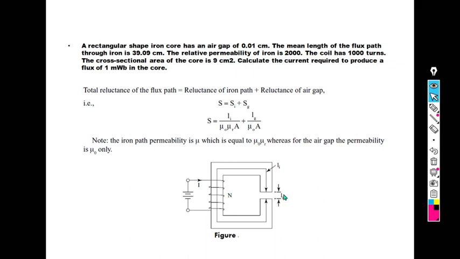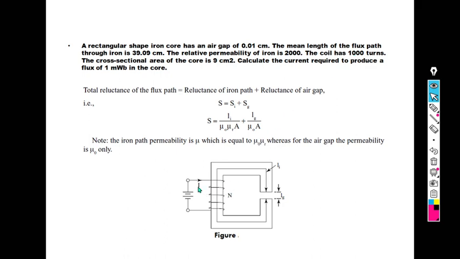So you have to find it out, and the current which is flowing through this path is to be found. The flux due to this current I is 1 milliweber, and the number of turns is given: the coil has 1000 turns.